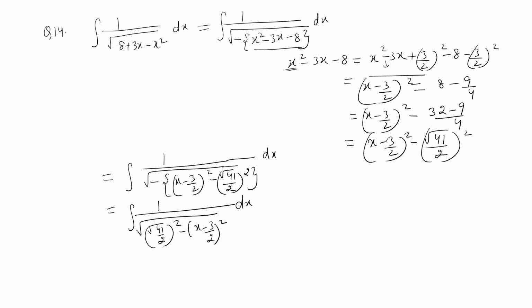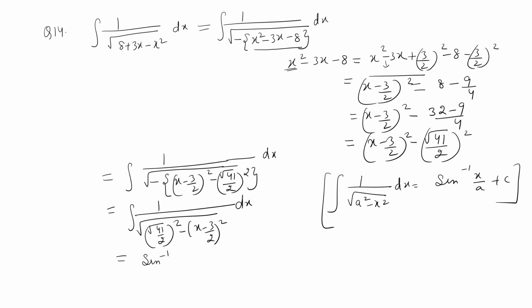Now again I can view which form this is. Again I need to use the formula of the integral of 1 upon root of a square minus x square, which is again sine inverse x upon a plus c. Now see, it is sine inverse, where in place of x it is x minus 3 by 2, upon a, plus c.